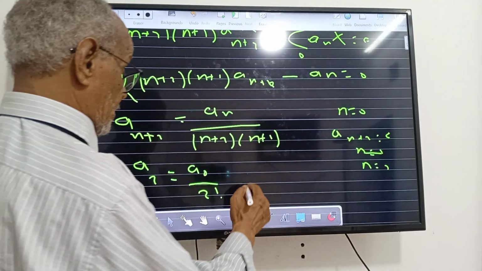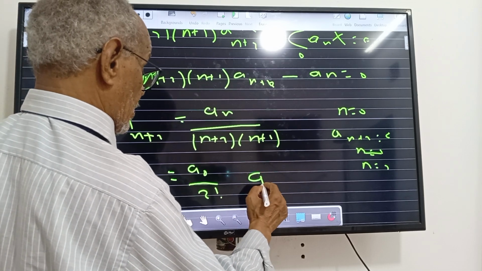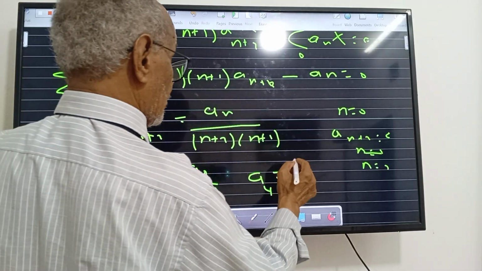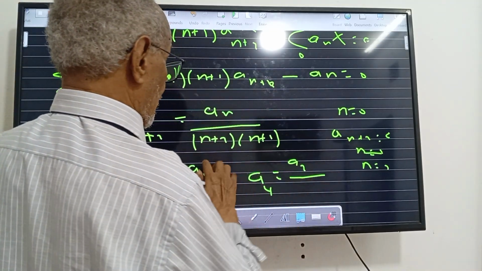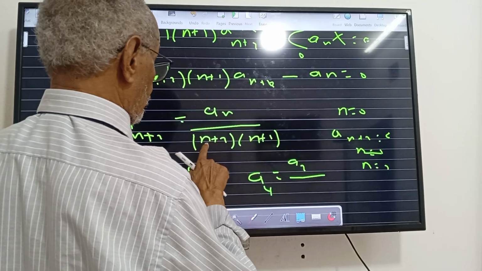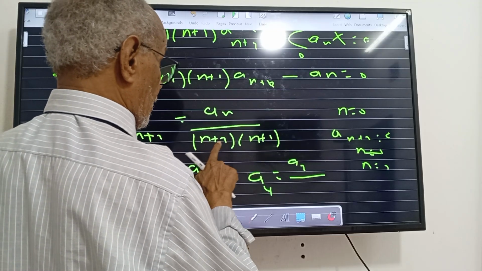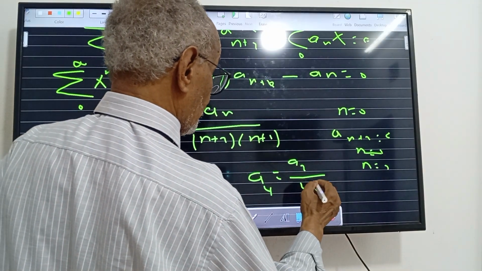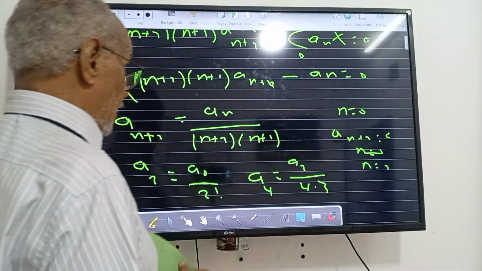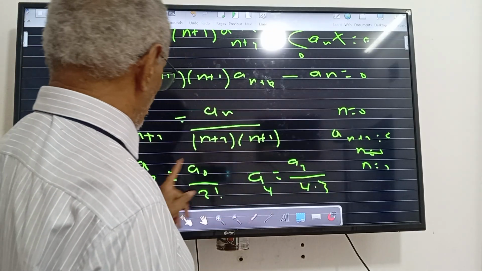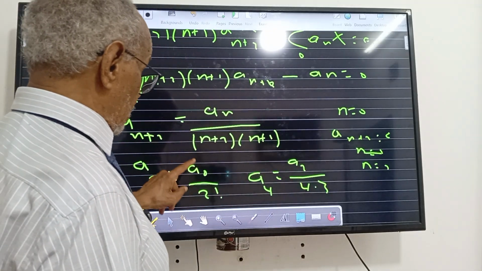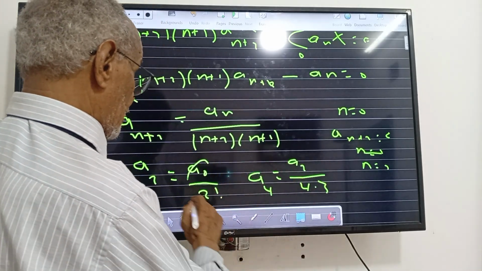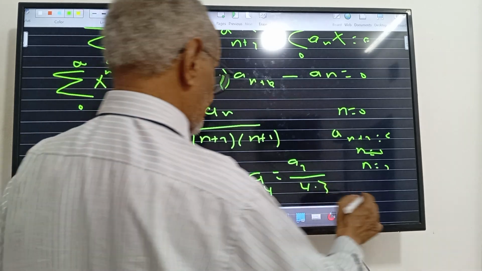So a4 equals a2 over, here 2 plus 2 equals 4, with 2 plus 1 equals 3, that means 4 times 3. And we have a2 equal a0 over 2 factorial. So if we substitute this value, a4 will be like this. Okay?